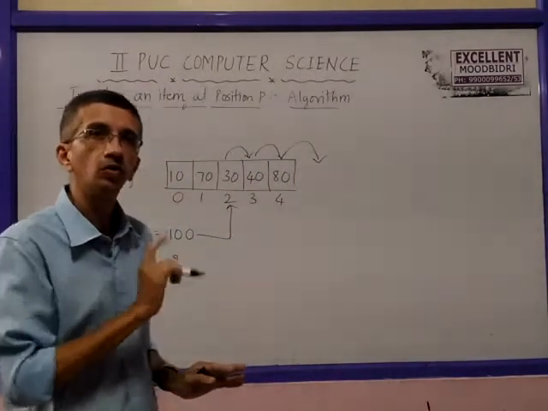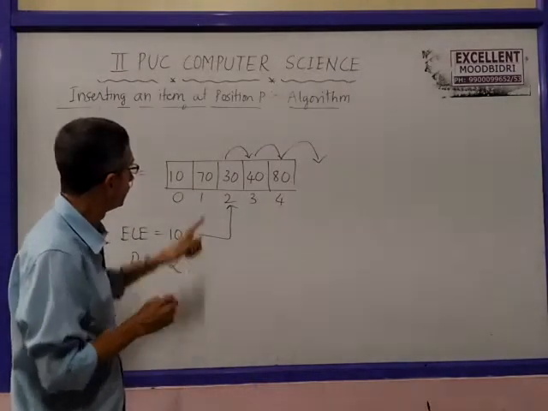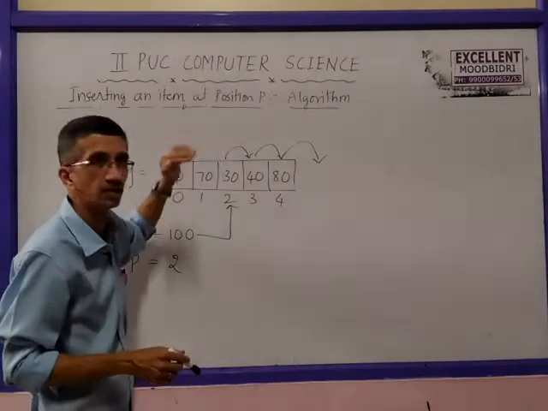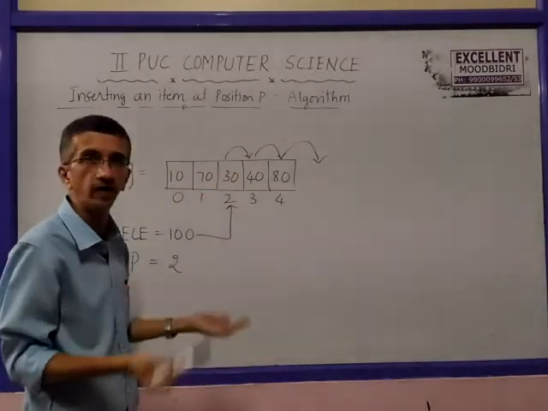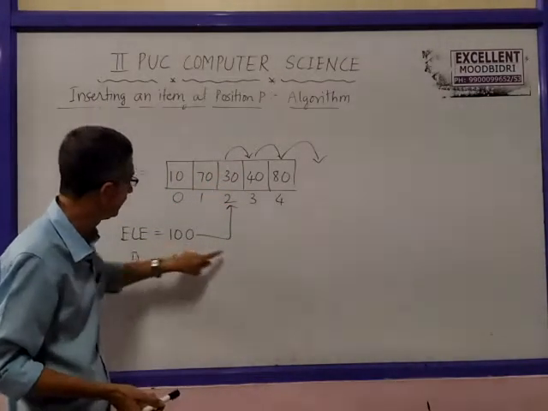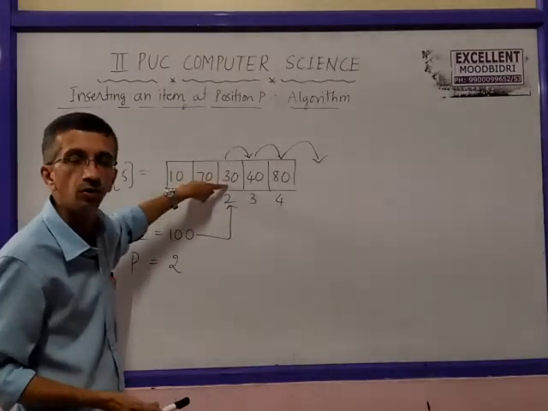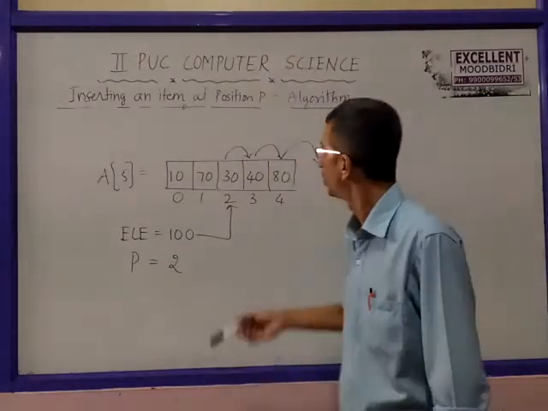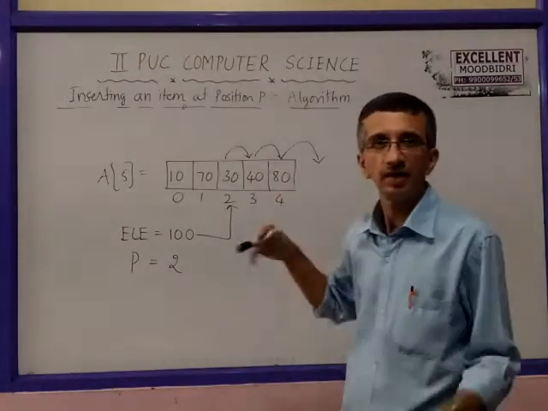Thus the number of items becomes 6. But look closely at this. When you shift this one to the higher location, 40 is overwritten. If you start by assigning 100 to index 2, the existing item 30 will be overwritten, so for the next assignment it is not available.